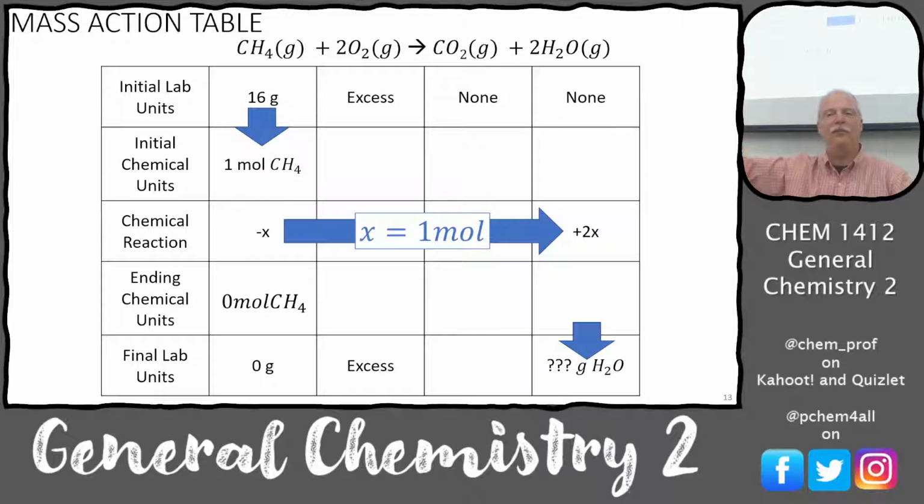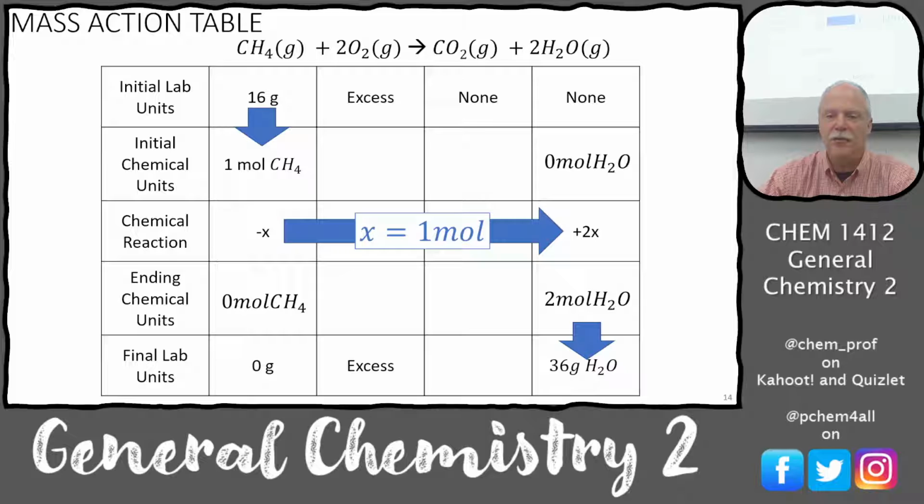So over here I have whatever water I have plus 2 more moles of water. So it doesn't mean that I have to start with 0, but I'm assuming I started with 0. But let's say I had 5. Well, now I got 2 more, and I would end up with 7. So anyway, we start out with 0 moles of water plus 2 moles gives 2 moles of water.